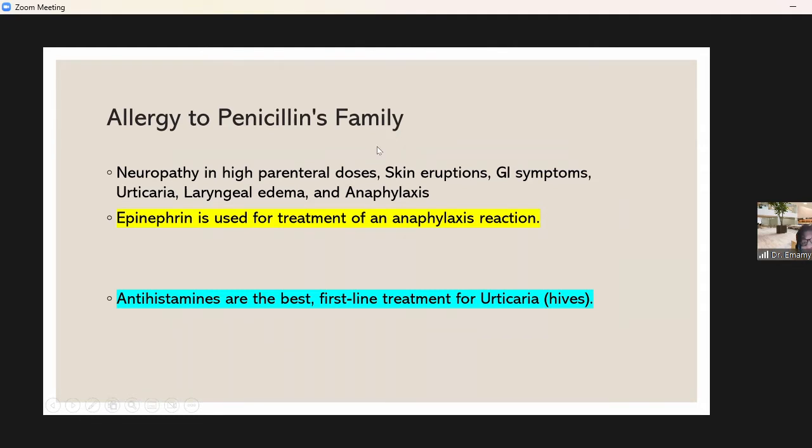If the patient only shows rash and urticaria, your first line of treatment would be antihistamines. If your patient has wheezing, edema in the face and tongue, problems in breathing, low blood pressure, it's anaphylaxis, then your treatment would be epinephrine because antihistamines won't work.